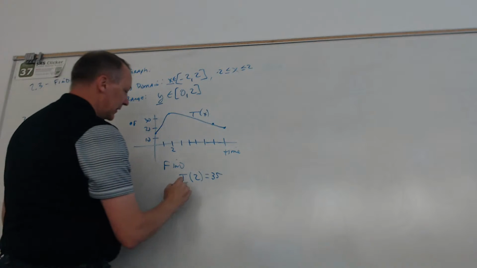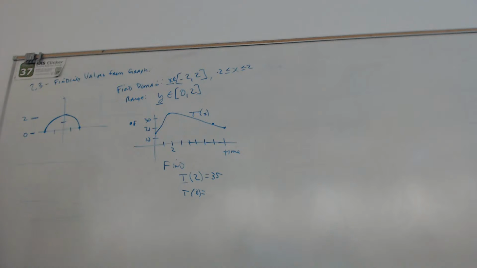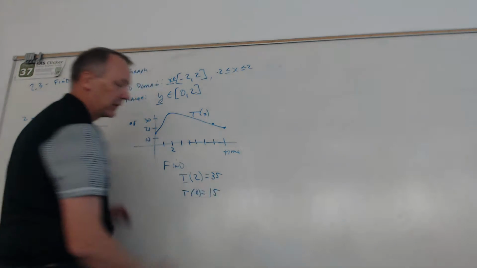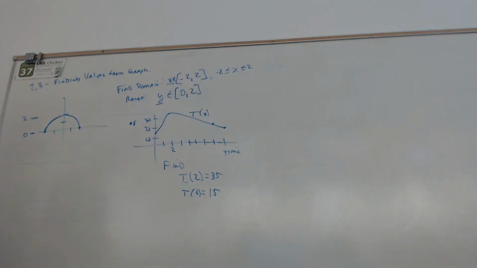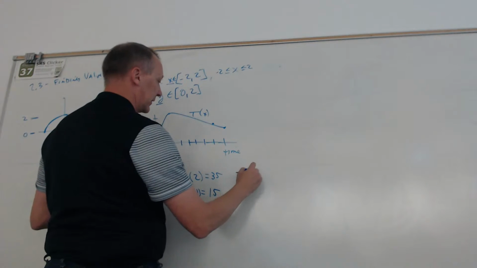How about T of 0? What is that? Trevor, are you here? I'm Trevor. Christian. Maybe 15. And that would also be 15. Okay? How about T of 8?